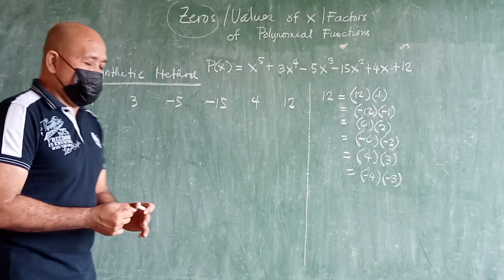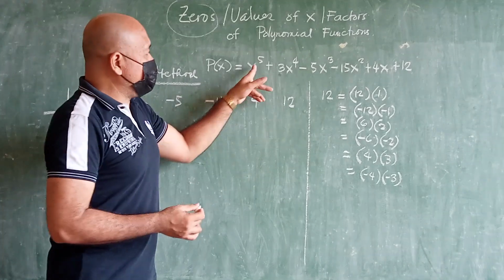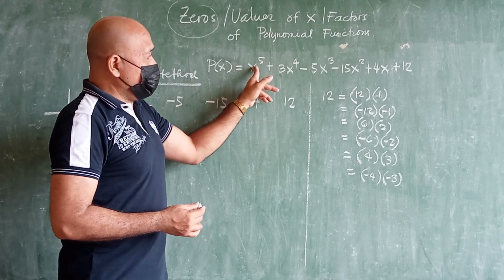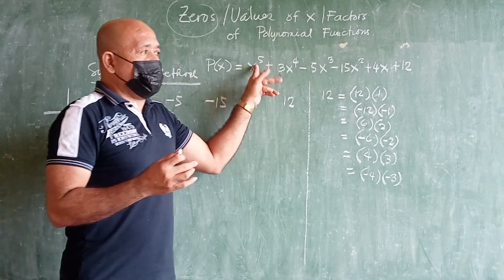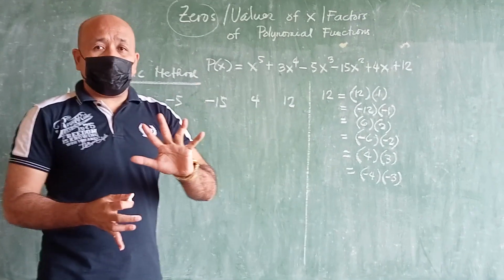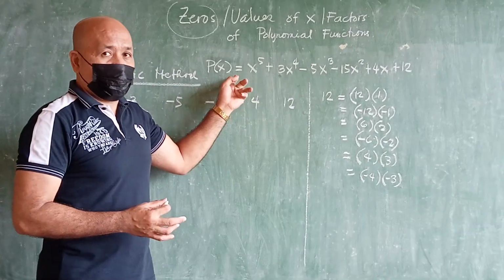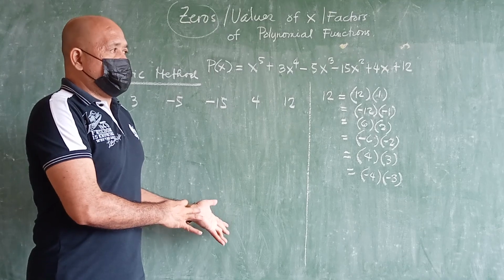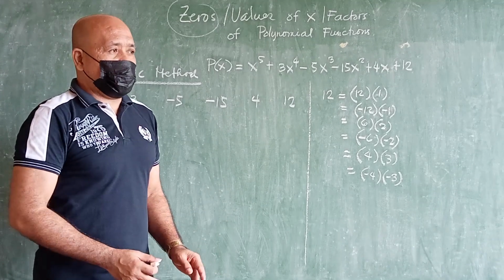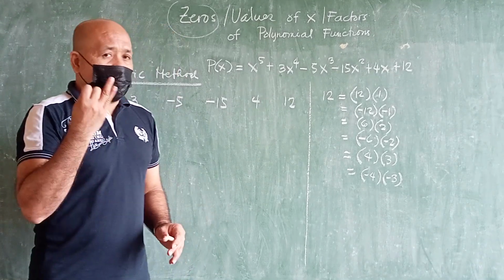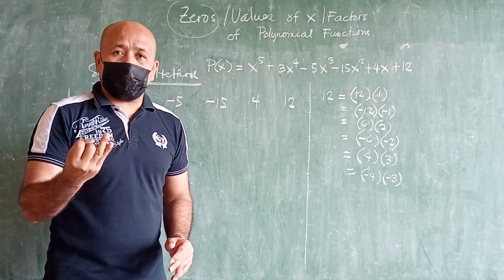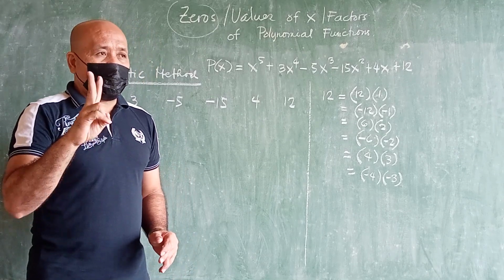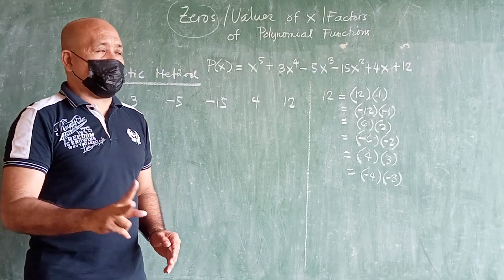Next thing that you need to remember is that if the degree is 5, automatically there are 5 values of x that you need to determine. A while ago, during our first part of the tutorial discussion, if the degree is 2, like quadratic, there are automatically 2 values of x.